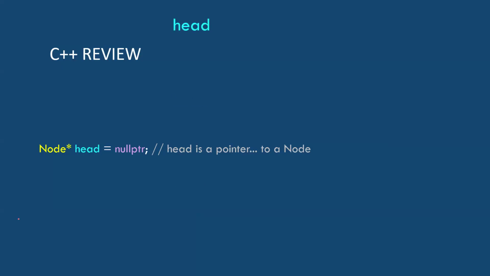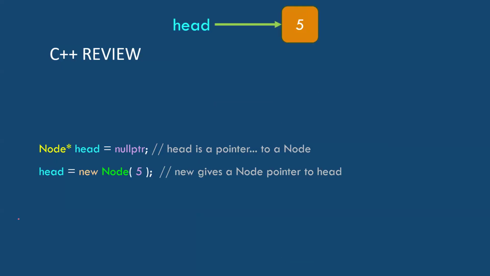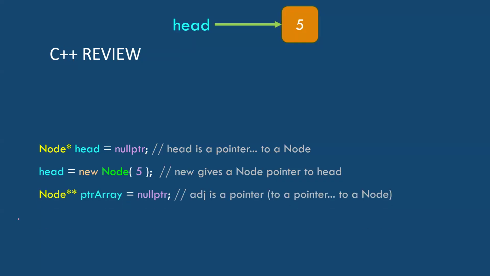That is kind of me creating a variable. If I say that head equals a new node, then we have an address stored in the head variable pointing to a node with some ID in there. That's stuff we have seen.